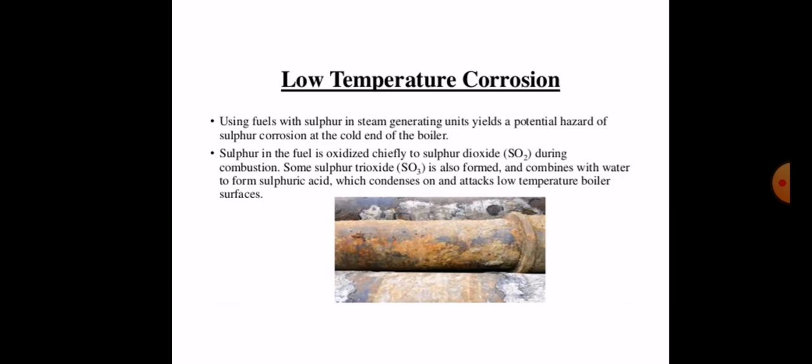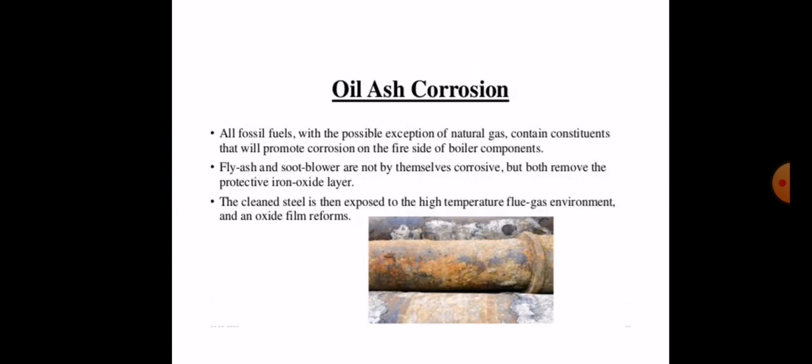Some sulfur trioxide is also formed and combines with water to form sulfuric acid, which condenses on and attacks low temperature boiler surfaces. So over here you can see in the image this type of corrosion may occur due to the low temperature, right? The same type of corrosion over here in the next figure, oil ash corrosion.